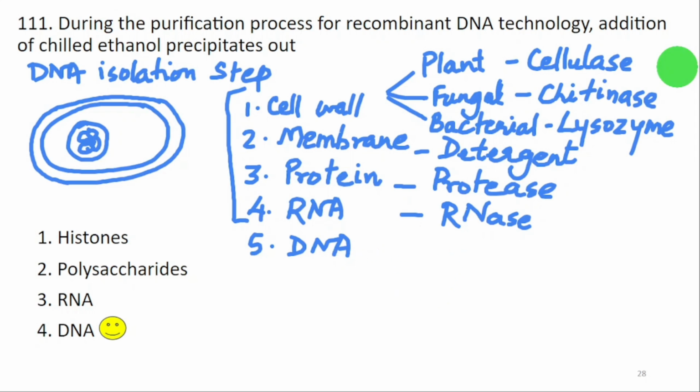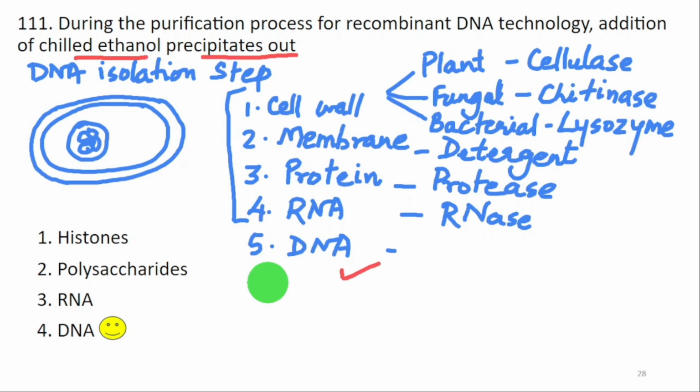Now it is invisible at this stage. To precipitate it out, this is what the question has asked also. I'll change the color now. So the question is asking what is used to... chilled ethanol is going to precipitate out what?